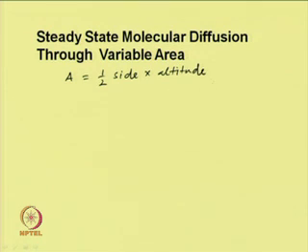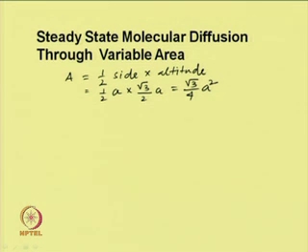If the side is A, the height for an equilateral triangle will be root 3 by 2 A. So the area will be root 3 by 4 A square.